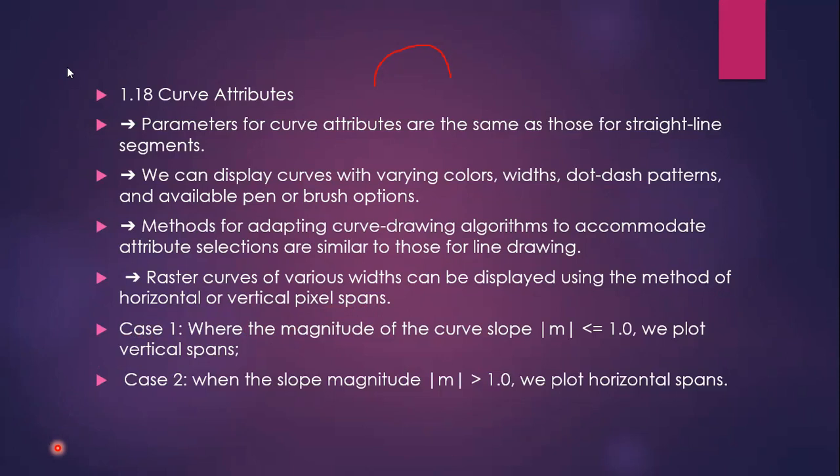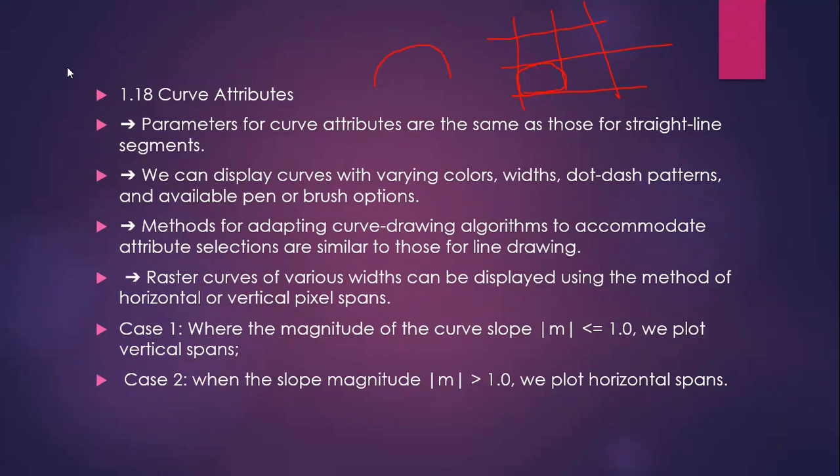So whenever you draw a curve, how is it displayed on the screen? Suppose you magnify a particular part of the screen where you have drawn a curve. The pixels won't lie in a purely horizontal or purely vertical manner.